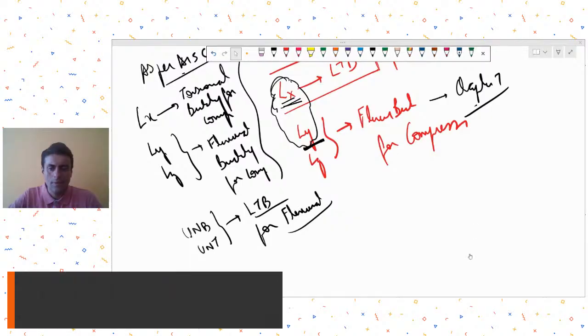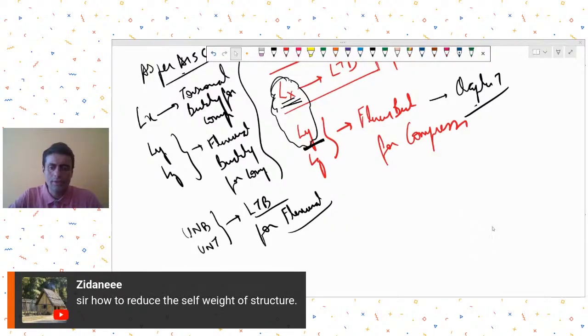Yes. How to reduce the self weight of the structure? Reducing the self weight, there might be different strategies involved. One can be to change the material. That means, let's say, not go for RCC, go for structural steel. Other options could be to use lighter partition walls. For example, not to use solid clay brick walls.